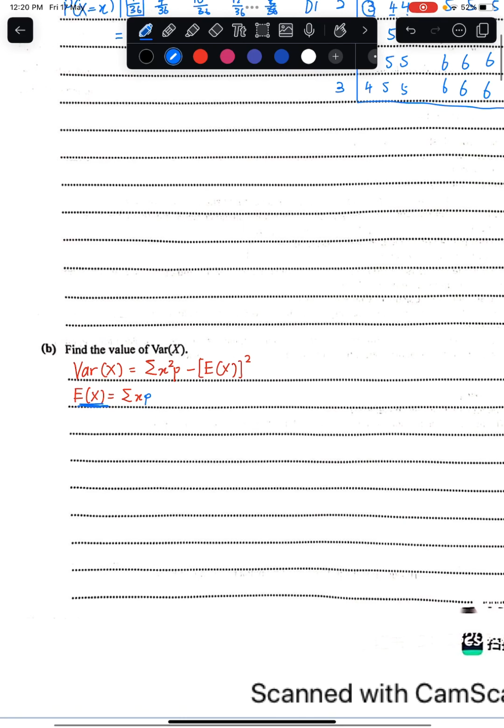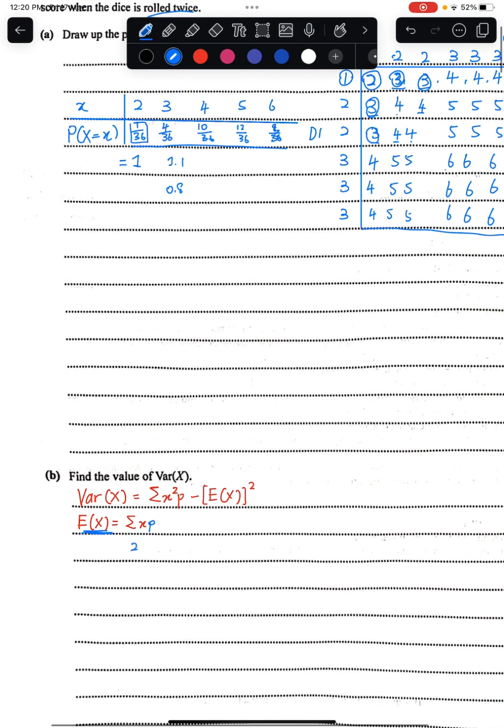Okay, let me show you. You got 2 times 1 over 36 plus 3 times 4 over 36 plus 4 times 10 over 36 plus 5 times 12 over 36 plus 6 times 9 over 36.